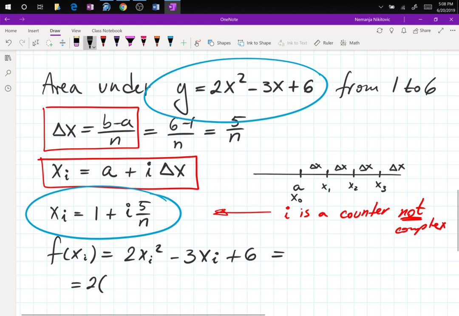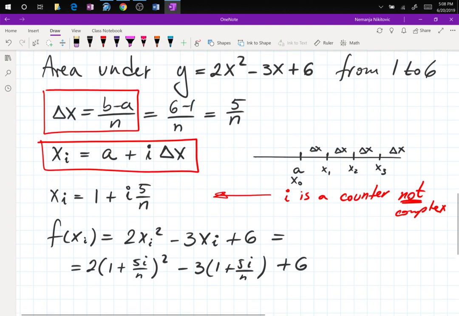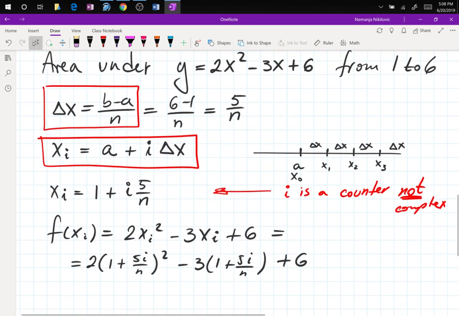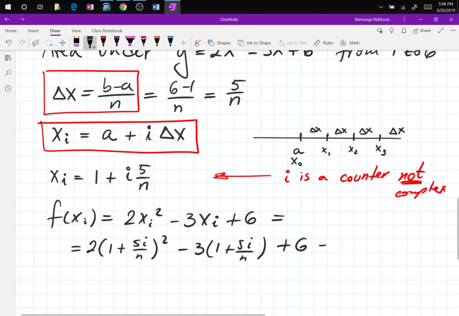So 2 times 1 plus, you can say 5i over n, everything squared, minus 3 times 1 plus 5i over n plus 6. So we replaced all x's by xi's, and each xi is 1 plus 5i over n.